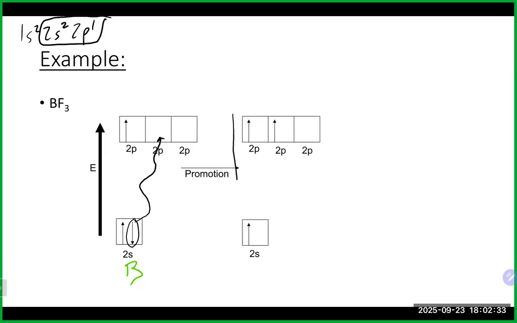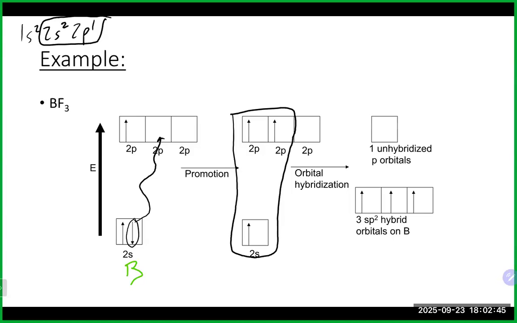And at this point, we are then going to grab the s orbital and those 2 p orbitals, and we're going to hybridize them to make 3 equivalent hybrid orbitals that each now have an electron in it. And as I mentioned before, our pz orbital, which is that last one, is unhybridized in this case.